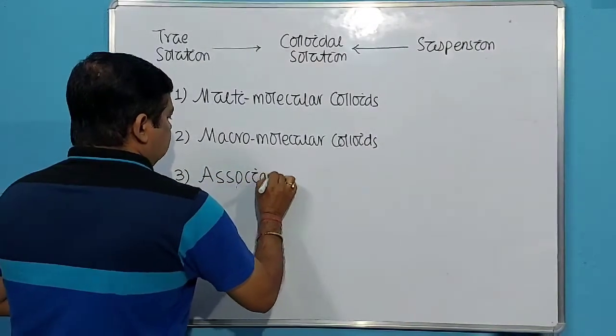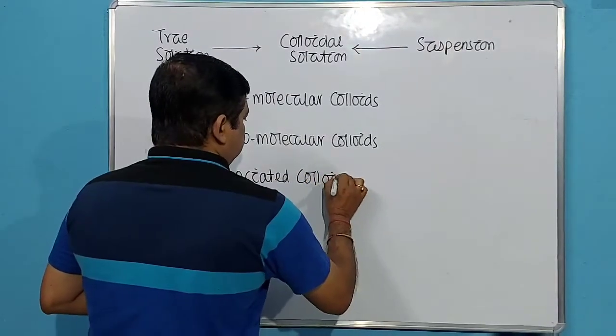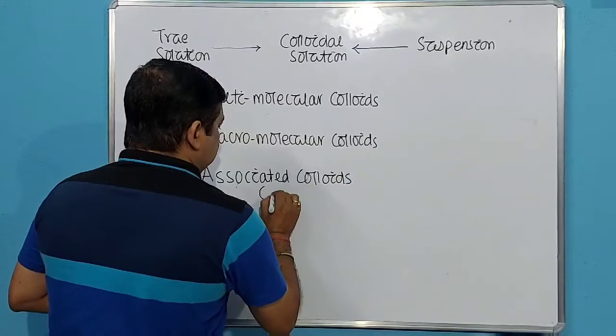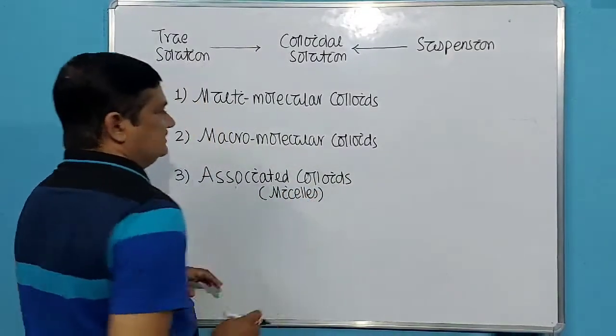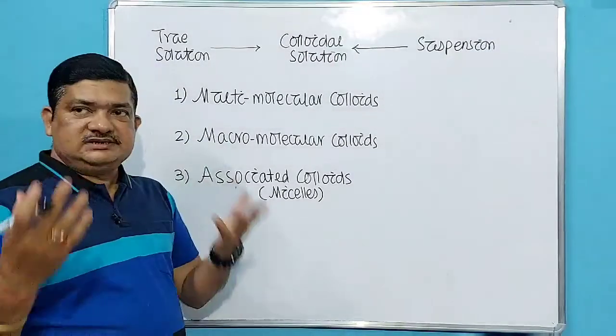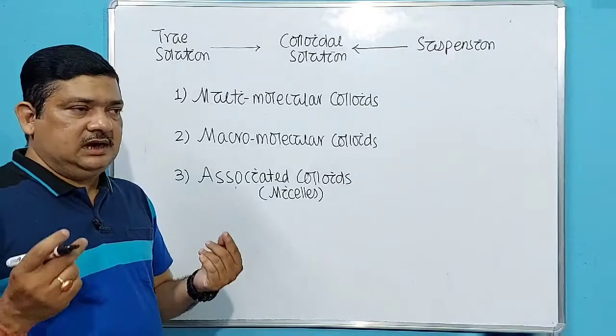Associated colloids, they are also known as micelles. Okay. So based on the particle size, the colloidal solution can be prepared in three ways.